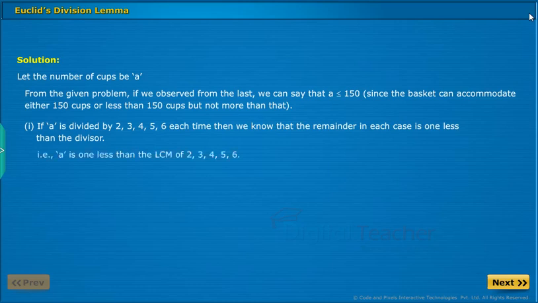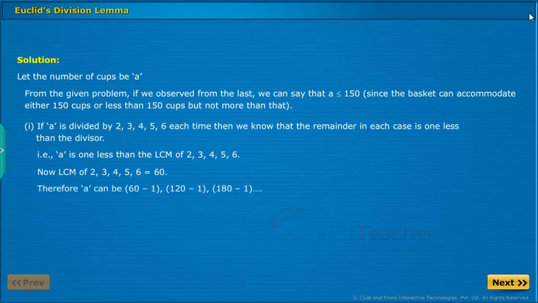That is, A is 1 less than the LCM of 2, 3, 4, 5, 6. Now LCM of 2, 3, 4, 5, 6 is 60. Therefore, A can be 60 minus 1, 120 minus 1, 180 minus 1, and so on.